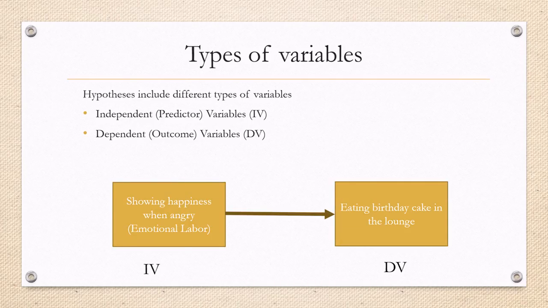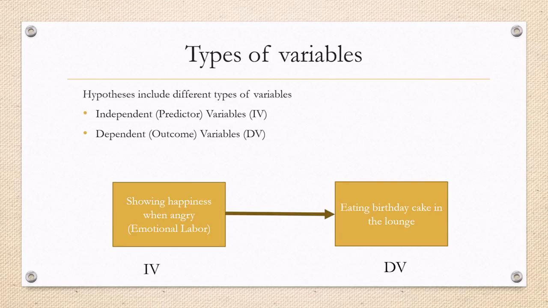Emotional labor is our independent or predictor variable. When we do experimental research, as you will see, it is independent in the sense that we can manipulate it, and its value is not dependent upon the outcome or dependent variable.